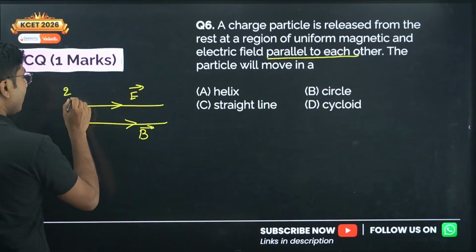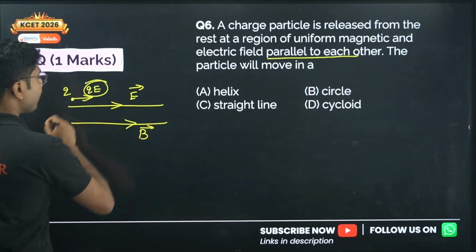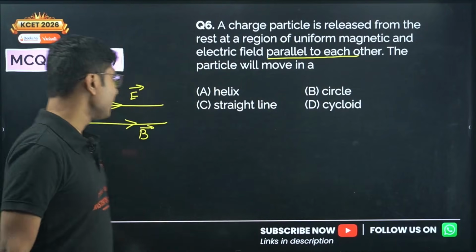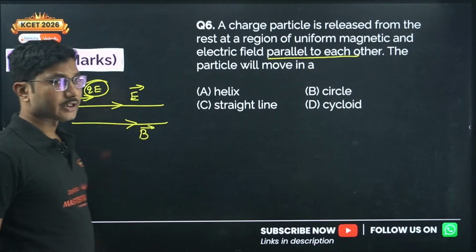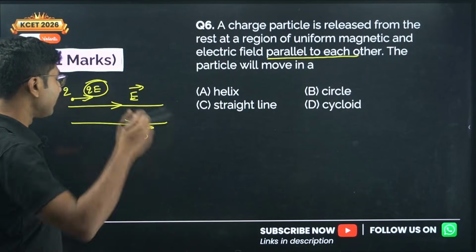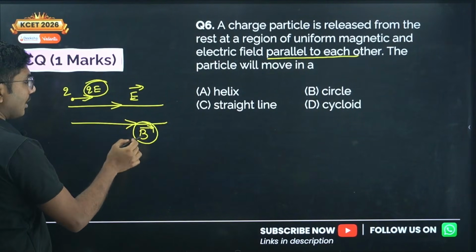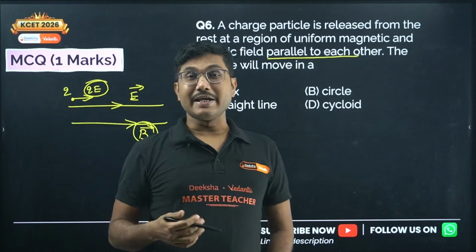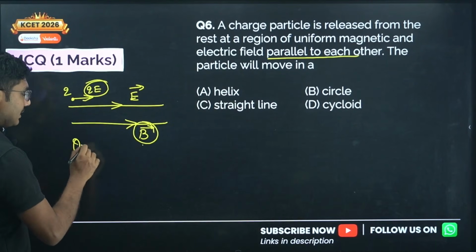The electric force is acting on it, that is given by QE, and because of this force it will accelerate in the direction of the electric field. Now because electric field and magnetic field are parallel to each other, the magnetic field will not apply any force on this charged particle, because the angle theta in this case will be 0.